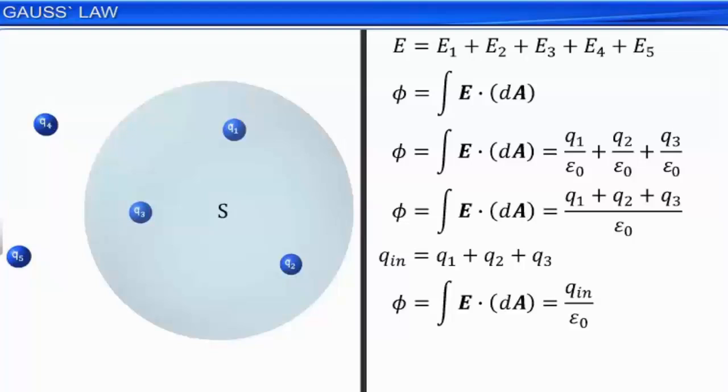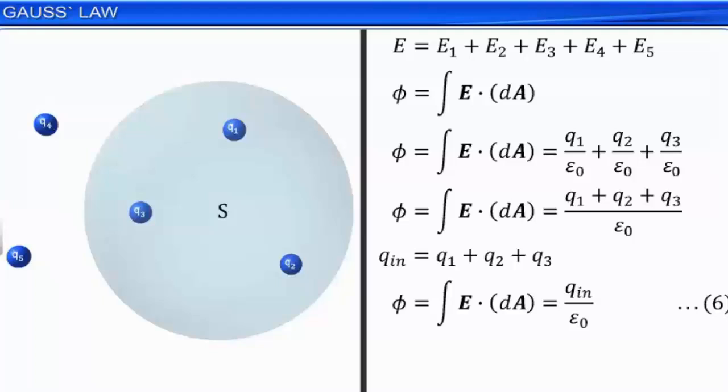It is important to note that the electric field strength appearing in equation 6 is the net electric field strength E due to all charges present within the Gaussian surface and also outside the Gaussian surface. But the charge Qin appearing in the above equation is the charge within the Gaussian surface.